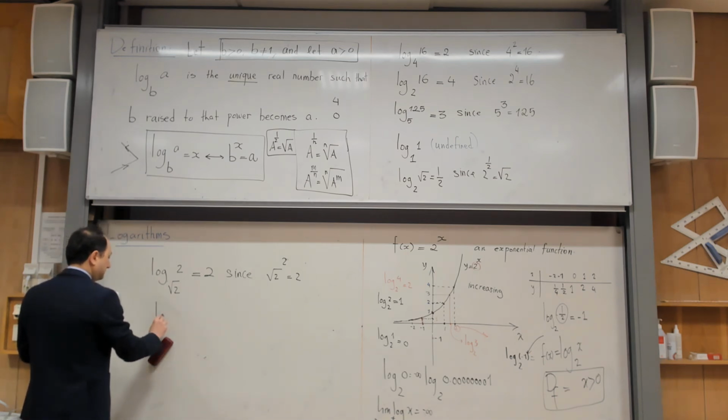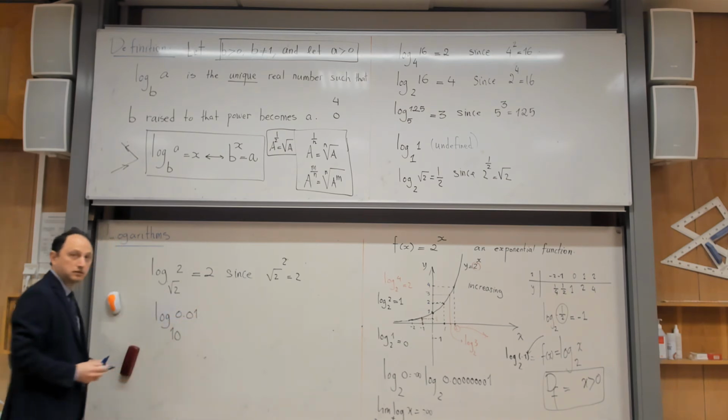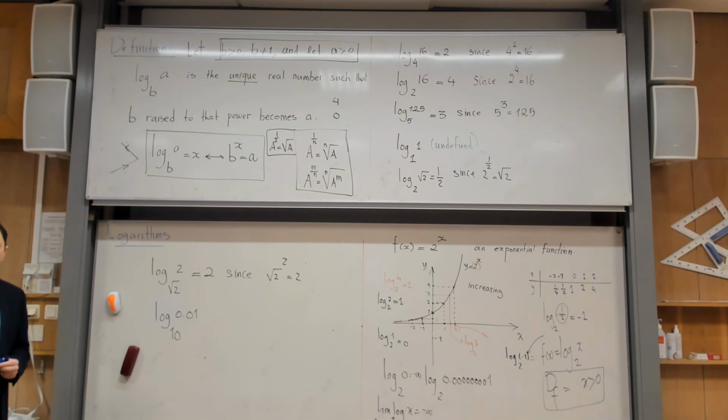Okay, so can you tell me what is this? Logarithm of 0.01, and I put the base 10. And minus 2. -2. What is that? -2. Anyone else? Okay. Anyone else? Either confirm or give a new answer.